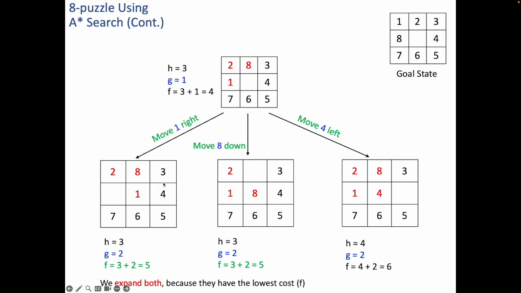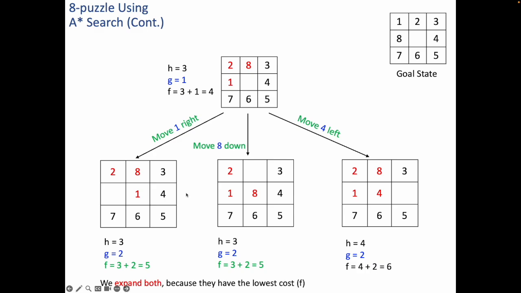So this is 3 for this one, 3 for this one, and 4 for this one. The red ones are the tiles that are misplaced compared to the goal state. You calculate the total cost by adding the heuristic and G, which gives you the total cost, F.